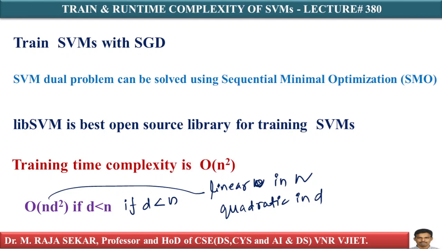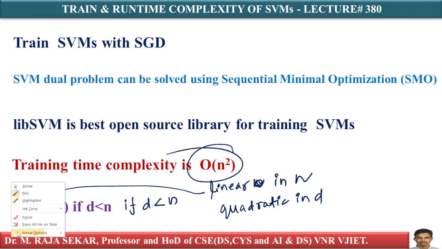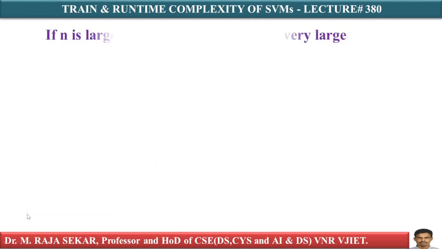Order of n square basically means if you have large data, if n is large, millions of points, then order of n square is very large. Hence, typically most practitioners do not use support vector machines when n is large.